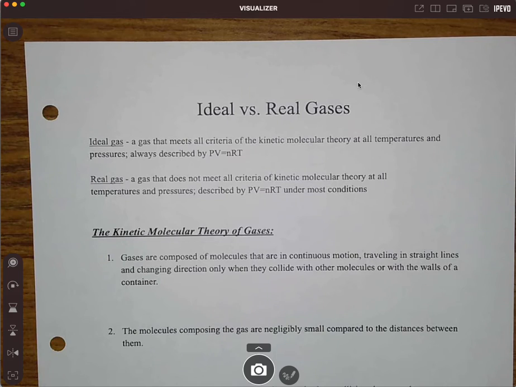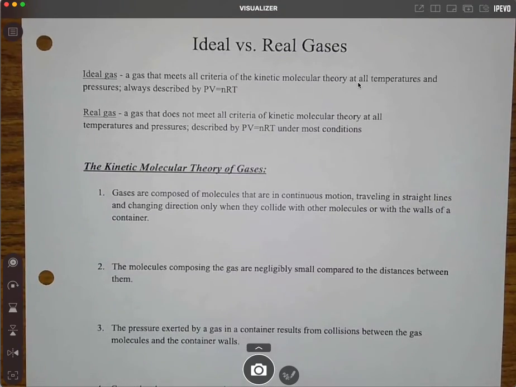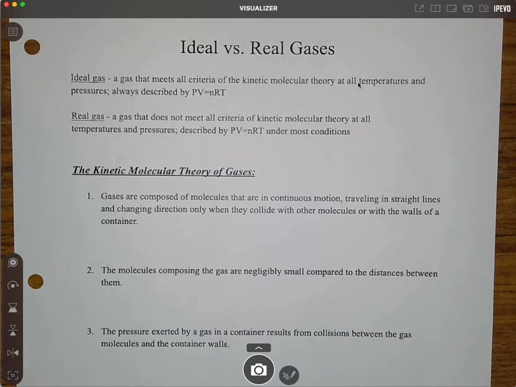But things that are gases at room temperature tend to show relatively ideal behavior at normal-ish conditions. And that's why we teach people the ideal gas law. It is an excellent description of behavior as long as you stay in a reasonable range. So in order to understand this, we have to go back to the kinetic molecular theory and look at when things might start to not be true.